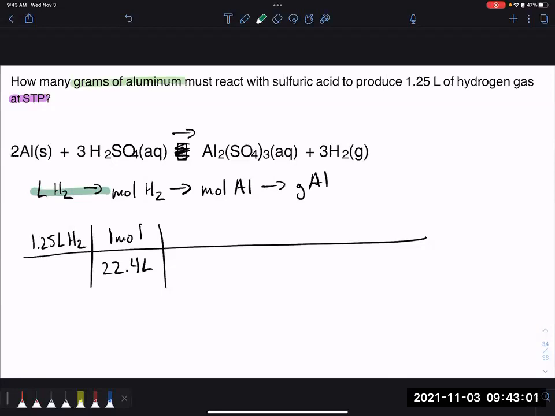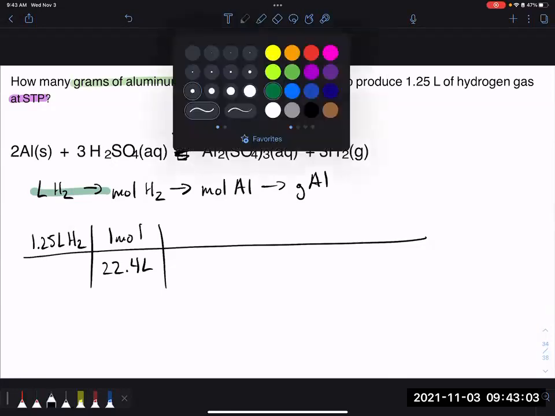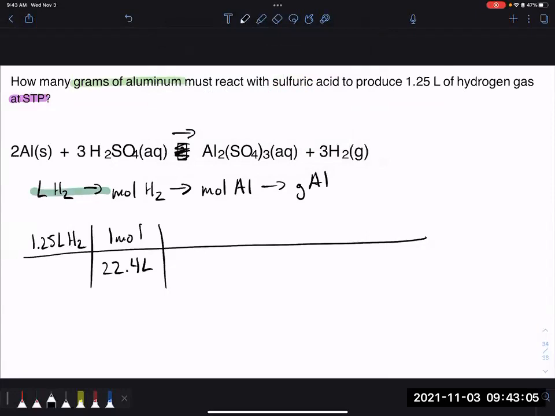How do we get moles of aluminum? What's our ratio in our reaction equation here? How many moles of hydrogen for how many moles of aluminum? 3 moles of hydrogen for how many moles of aluminum? Yeah, it is just that simple. So it would be a mole to mole reaction.